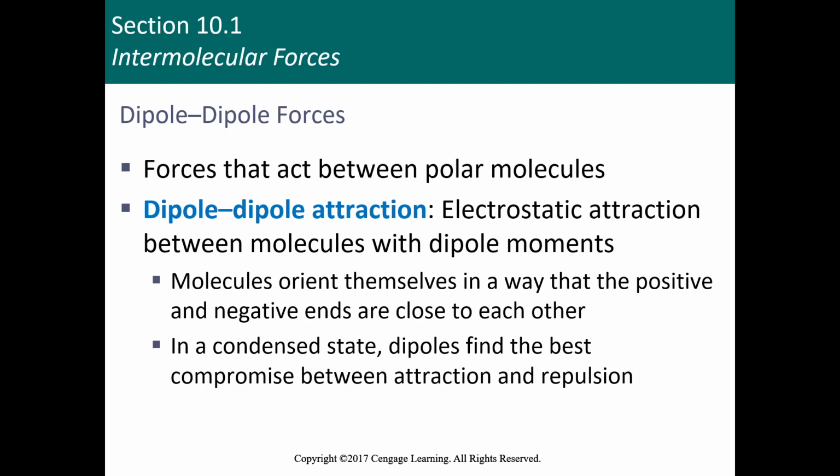So in a condensed state, the dipoles will find the best compromise between the attractions and repulsions. Again, you have more than just attraction going on here. When you have your positive and negative ends next to each other, there's going to be a best angle.